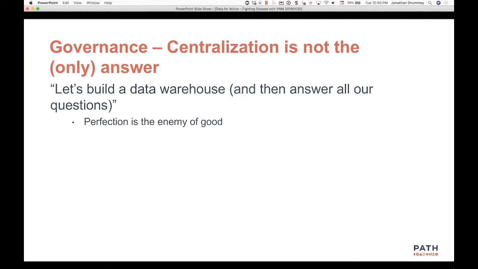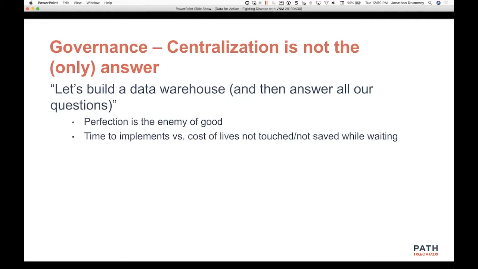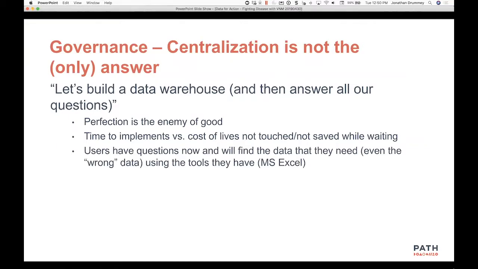I'm going to strongly suggest you don't do that. For one thing, perfection is the enemy of good, of being good enough. There's also, in that time to implement, how many lives are you not touching or saving by not having tools that can work with the data? And the underlying fact is, users have questions now.